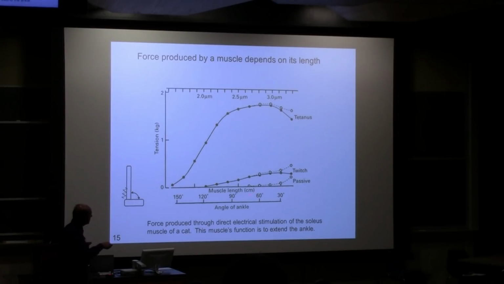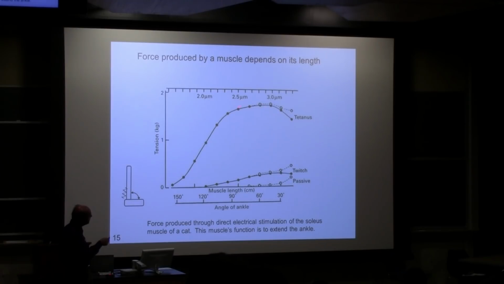On the x-axis is the angle of the ankle, or the length of the muscle. The smaller the angle of the ankle, the closer the ankle is to the straight up position, the longer the soleus muscle is. And if you look at the tension that's produced when you produce a single twitch, you see that the twitch is rising as the length of the muscle is increasing.